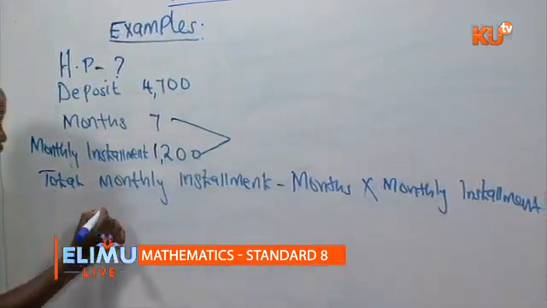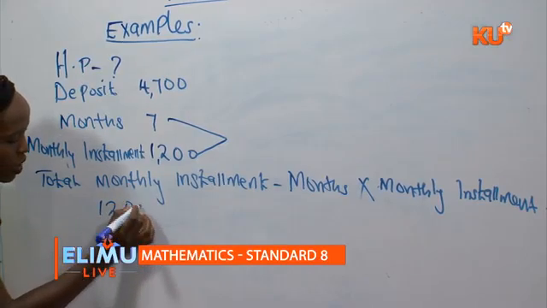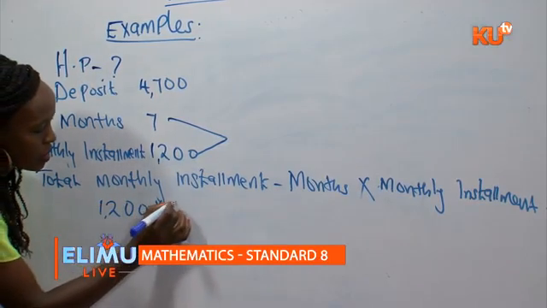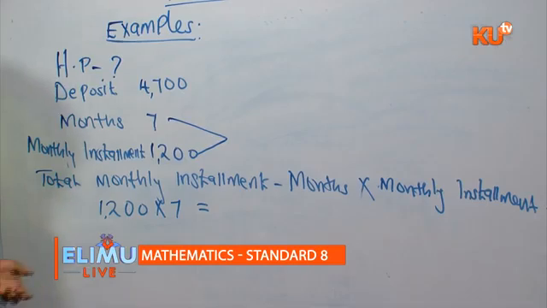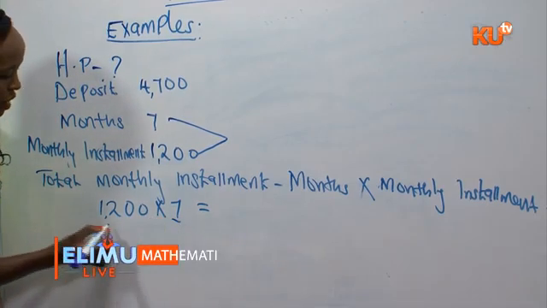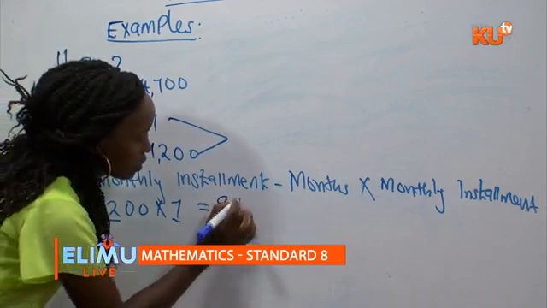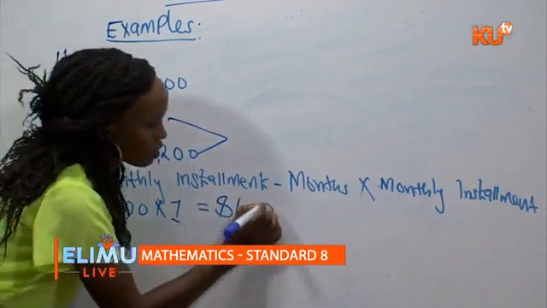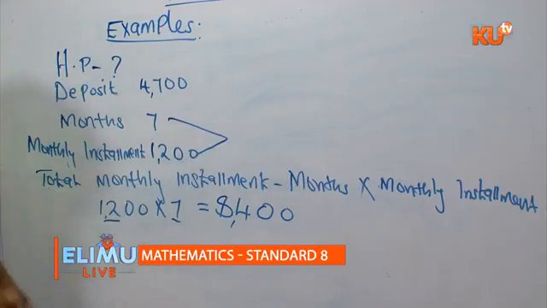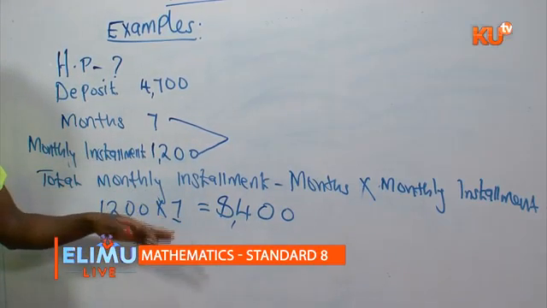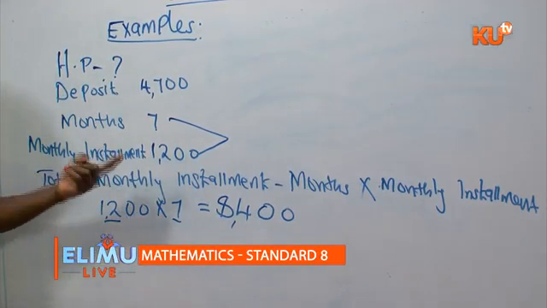That is 1,200 times 7. We are in class 8, we know how to calculate. 7 times 12 is 84, and then we put the 2 zeros. We get 8,400. Now the 8,400 was the total monthly installment.